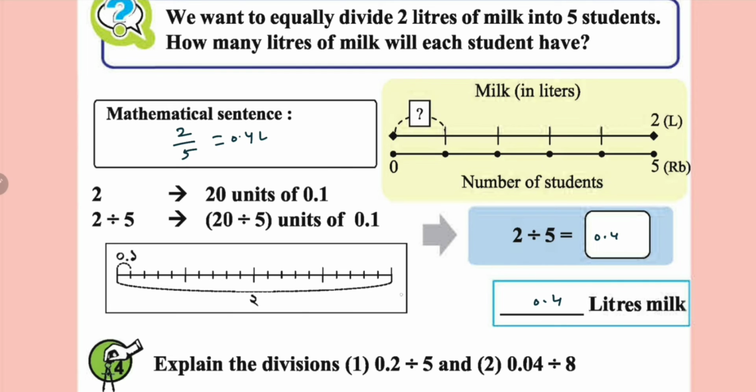So on a number scale, if you want to represent the situation, the total is 2. This is 1, this is 0.5, and this is 1.5. So this one is 0.1, 0.2, 0.3, 0.4, 0.5.